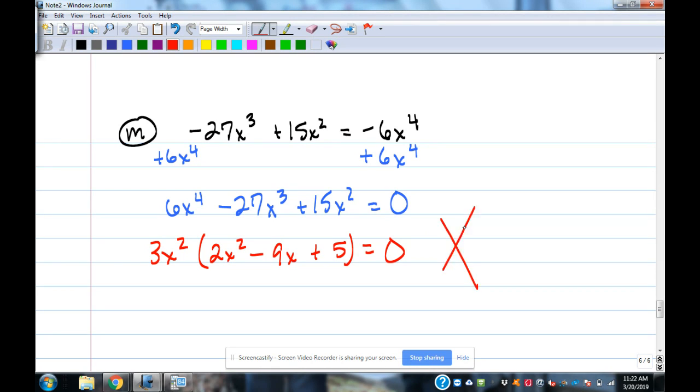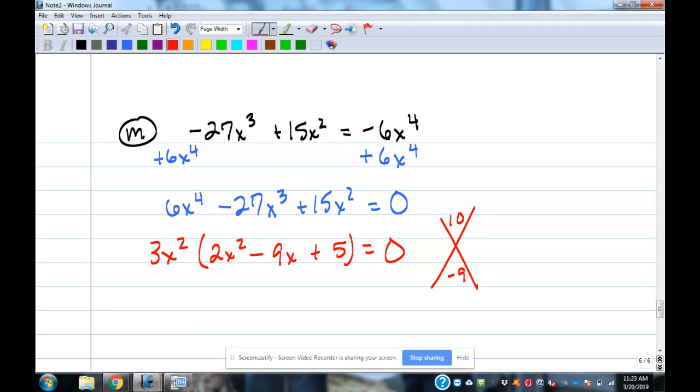X method is what we're going to try. 2 times 5 is 10, and I need it to add to negative 9. 10 and 1, that's 11. Negative 10, negative 1, that's negative 11. 5 and 2, 7. Negative 5, negative 2, negative 7. Close, but not right. Does that factor? No.